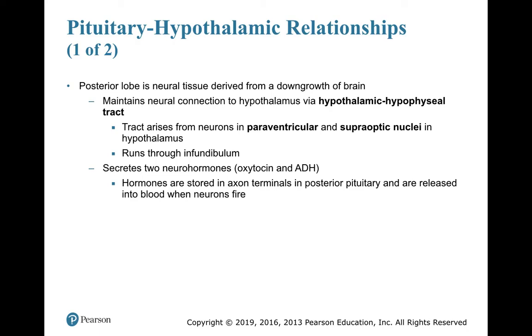They secrete 2 hormones that are important to us that we'll touch on in this section, oxytocin and ADH. Those hormones are stored in the axon terminals of the posterior pituitary and released into the blood when the neuron fires. So much the same way that we released neurotransmitters, but these act as hormones, not as neurotransmitters. They don't just act locally.